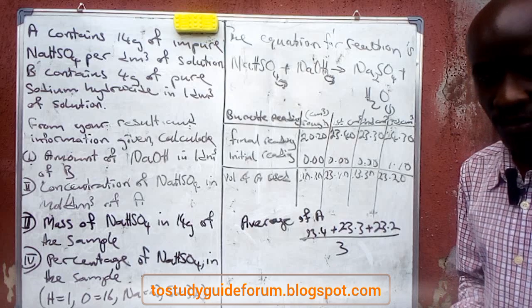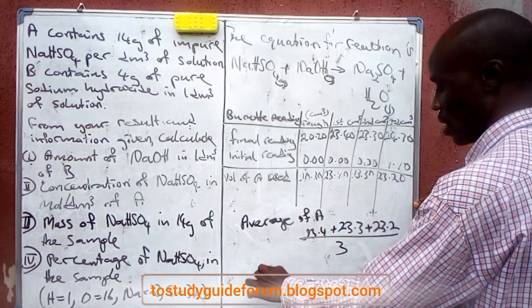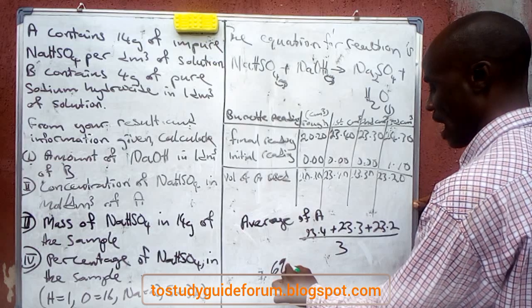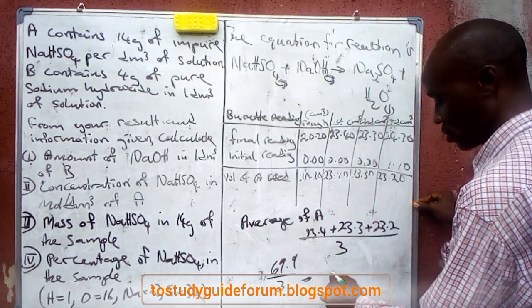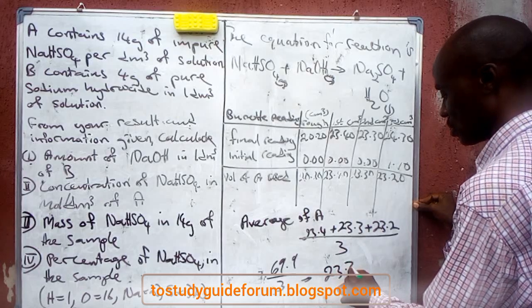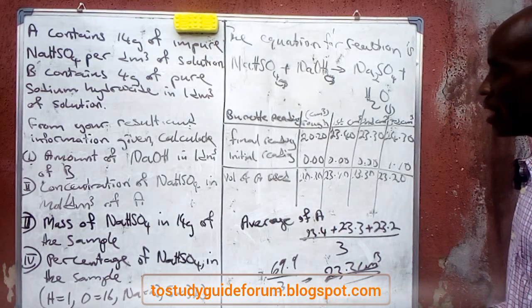We are looking for the average, so if we sum up everything, we have 69.9 all over 3. That will give us 23.3 cm cube of the A that we use.